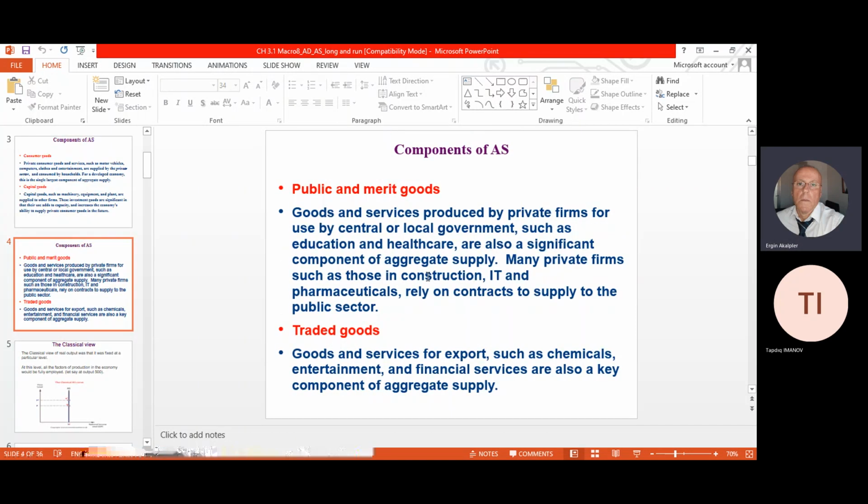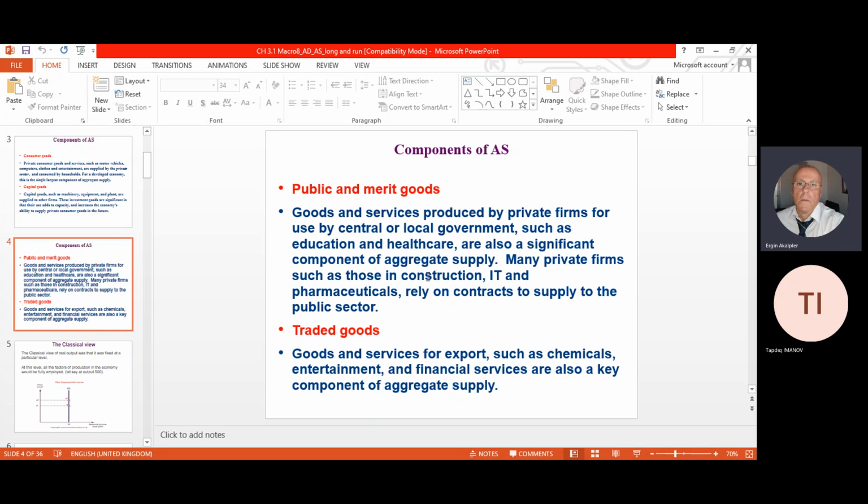The other components of the aggregate supply are the public and merit goods, the goods and services produced by private firms for use by central and local governments, such as education and healthcare. These are also a significant component of aggregate supply. Many private firms, such as those in construction, IT, and pharmacy, rely on contracts to supply to the public sector.